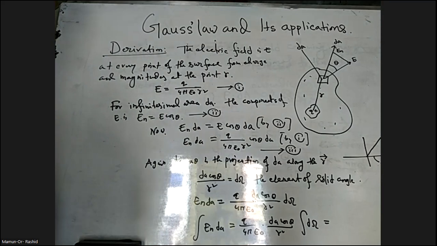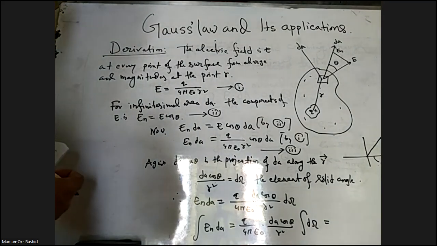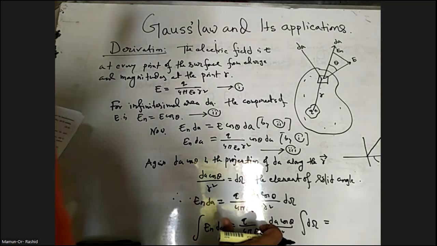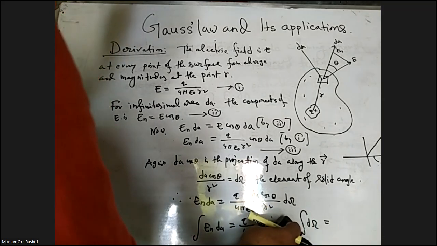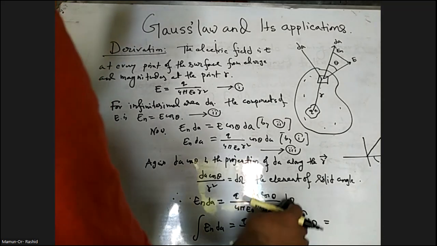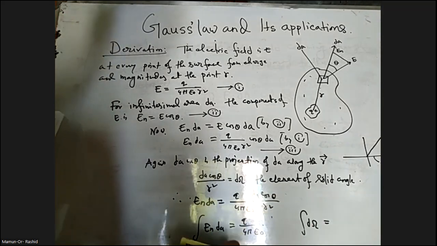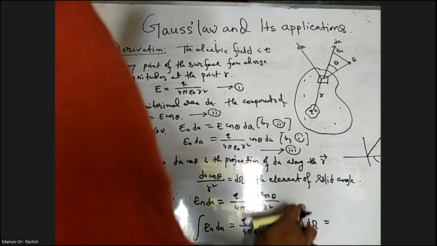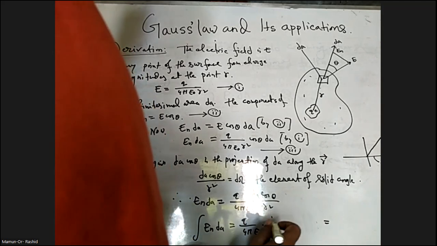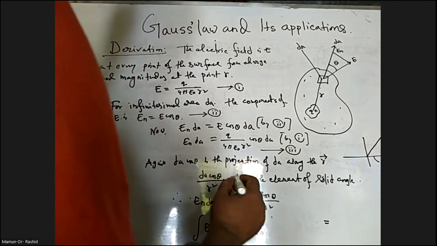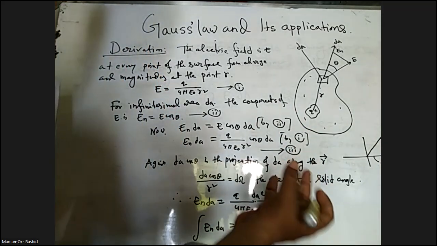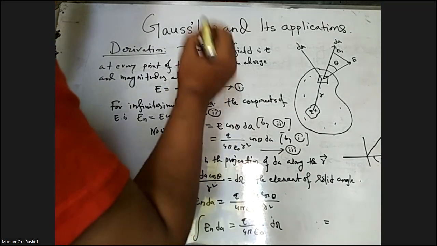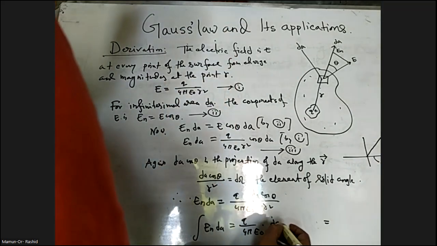So we get this value. For a small infinitesimal area dA, we get the solid angle d omega.